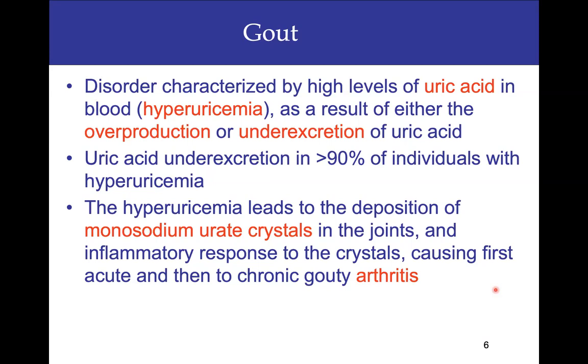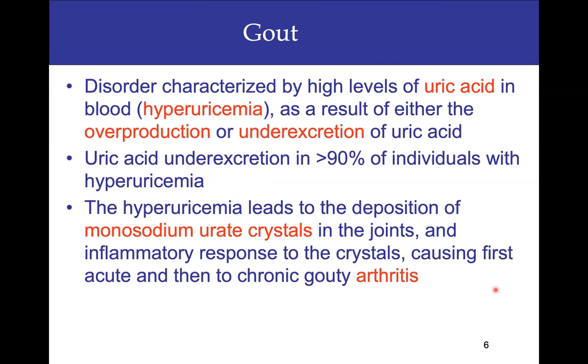It could be because there is maybe a tumor undergoing tumor lysis and producing too much uric acid. Or maybe there is a problem with the kidneys and the kidneys are not able to excrete uric acid. There's under-excretion. That can also cause gout or hyperuricemia in the blood.